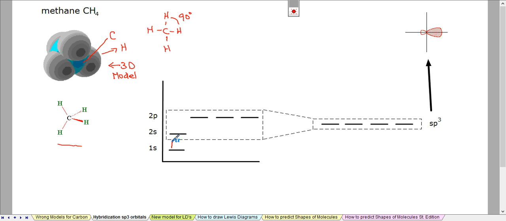This is typically what we would perceive the electron configuration would be for carbon. However, in order for carbon to make the bonds that it wants to, and to get its electrons to the lowest energy state that they can be, what happens is this process called hybridization.